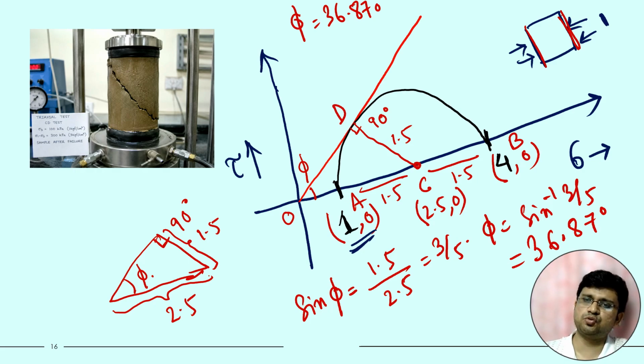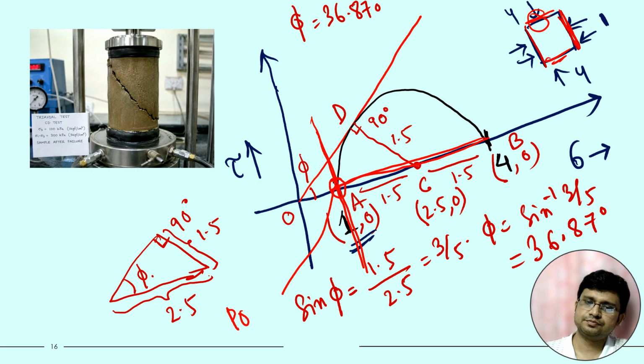And vertical stress is 4, which corresponds to the horizontal plane. So from 4 we will draw one horizontal line, and from 1 we will draw one vertical line. These two connect at this particular point. So this is our pole.